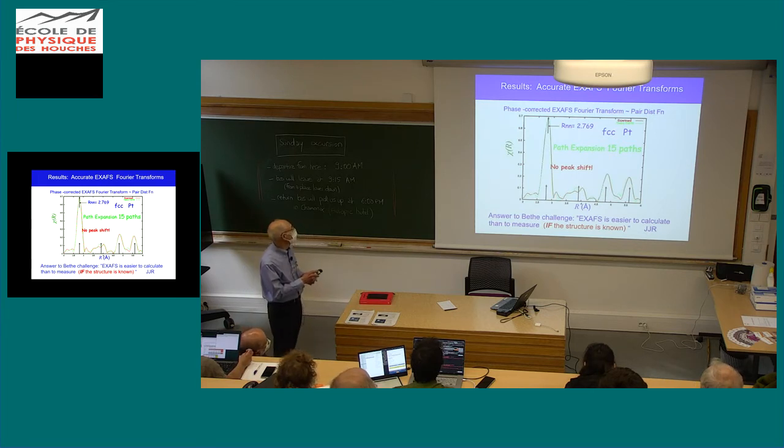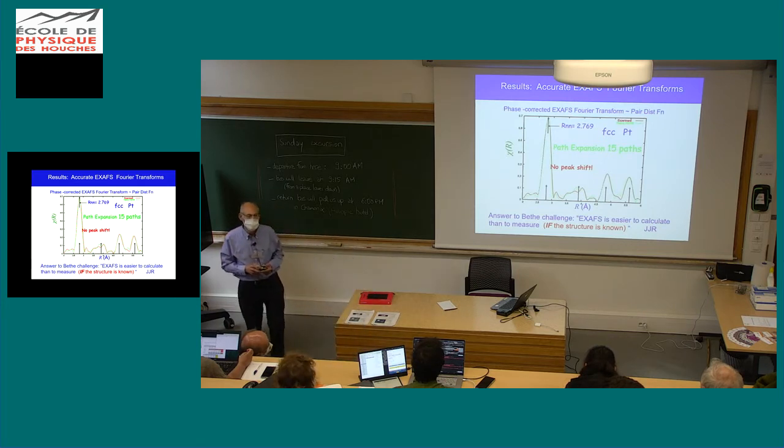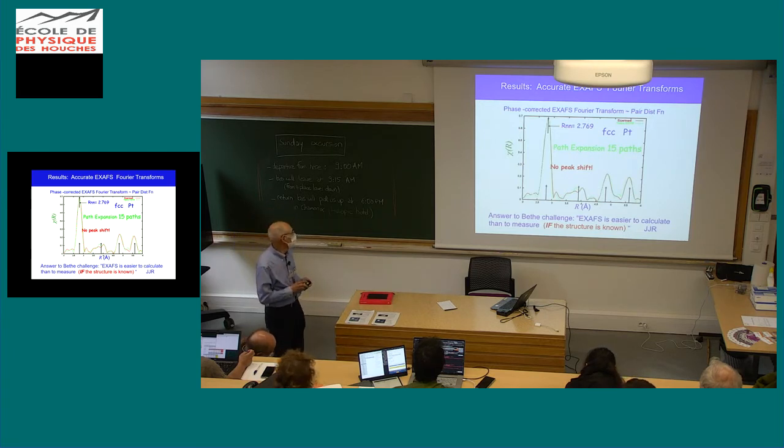And one of these is theory, one's experiment. I guess the red's experiment, the green's theory. And we had one adjustable parameter, the S0 squared. But I think you can see it's really on top of each other. And that's remarkable in physics. You know, rarely do you get curves that are so tight.